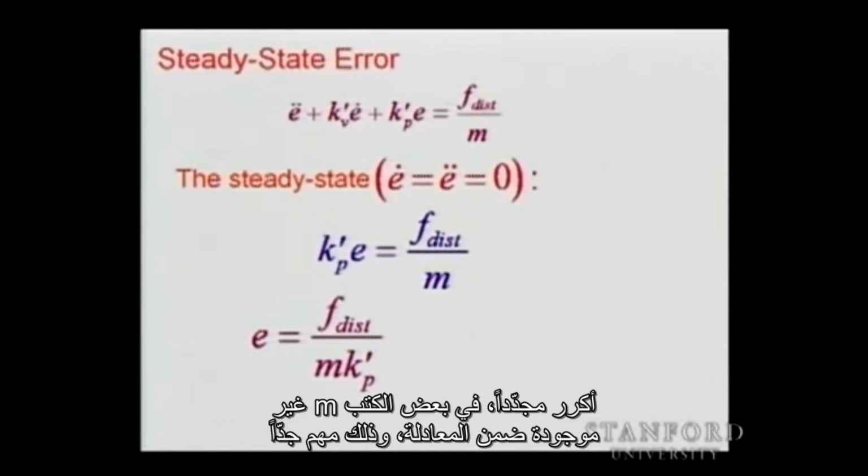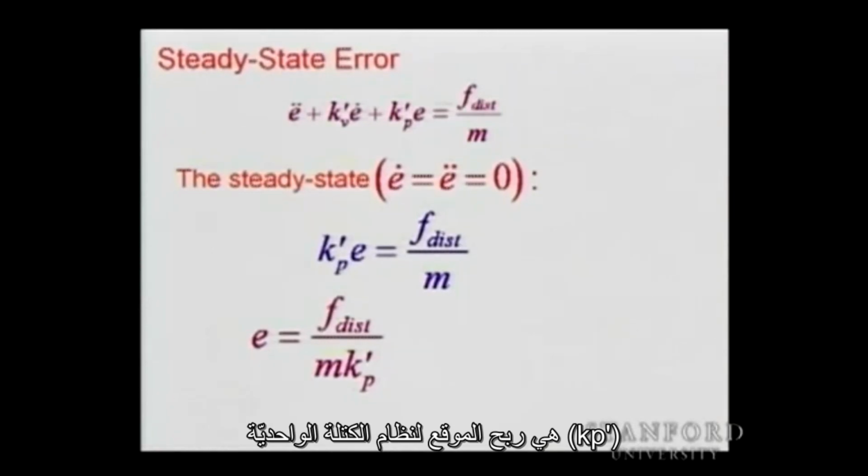Again, in some textbooks, there is no M appearing there, and this is very important. Kp prime is the gain, the position gain for the unit mass system.